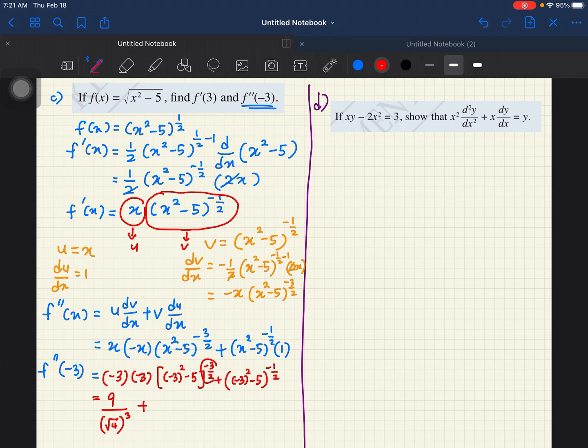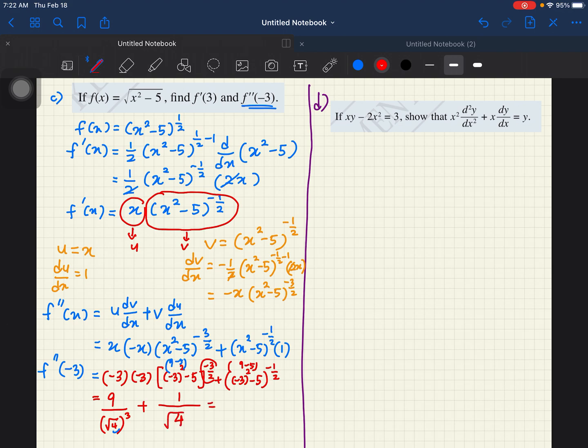Okay. This one tadi, ini adalah 9 tolak 5. That's why kita dapat 4. Okay. Plus with 9 tolak 2. Sorry. This is actually like this. This is also 9. 9 minus 5 is 4. 4 square root.